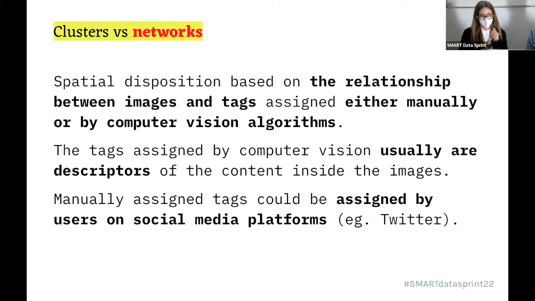This means that each image has a tag assigned, either manually or by a computer vision algorithm, and these tags are a description of the content of the different images. So the images are closer together when they have similar content.